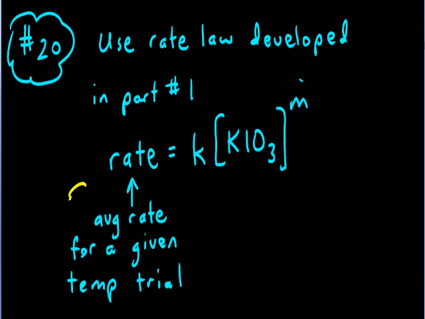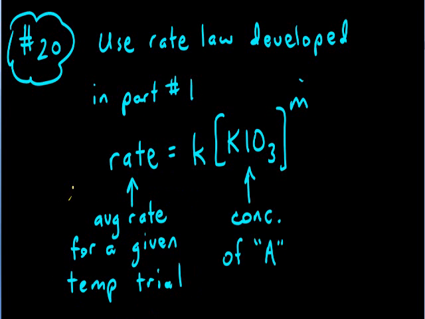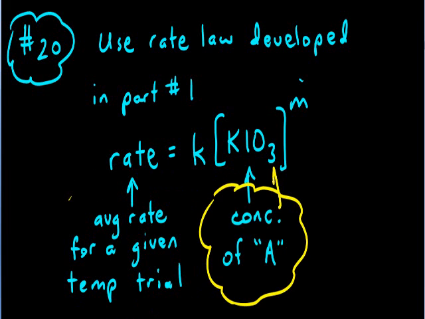When calculating this for part 2, we're going to use for rate the average rate for a given temperature trial. Inside our brackets here represents the concentration of chemical A in each one of the trials.